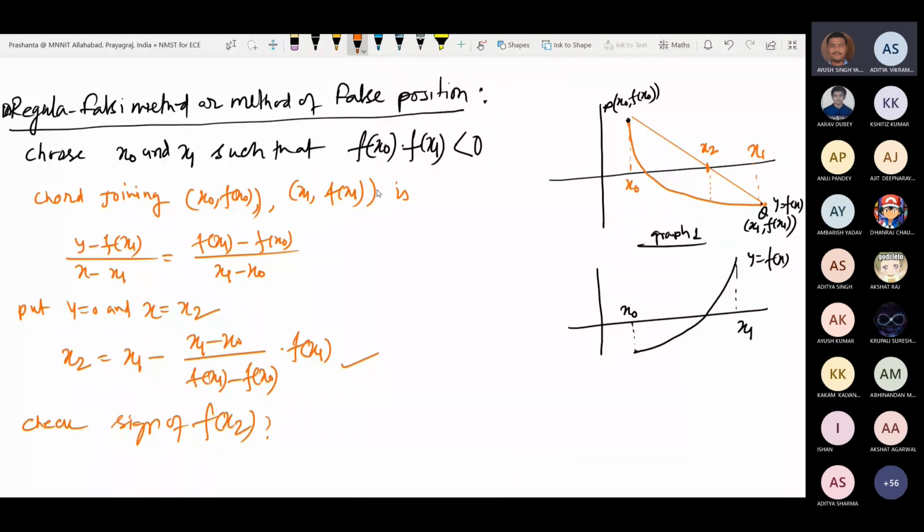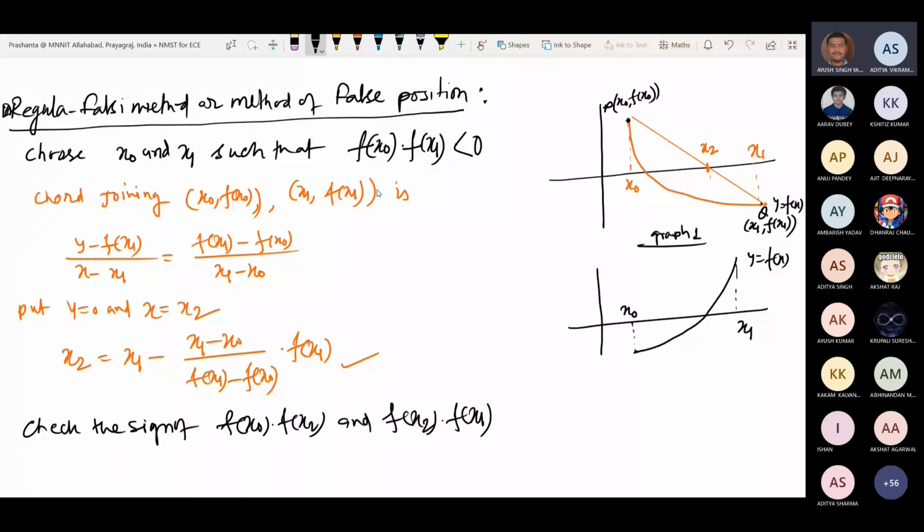Okay. So rather you check the sign of f of x0 into f of x2 and f of x2 into f of x1.